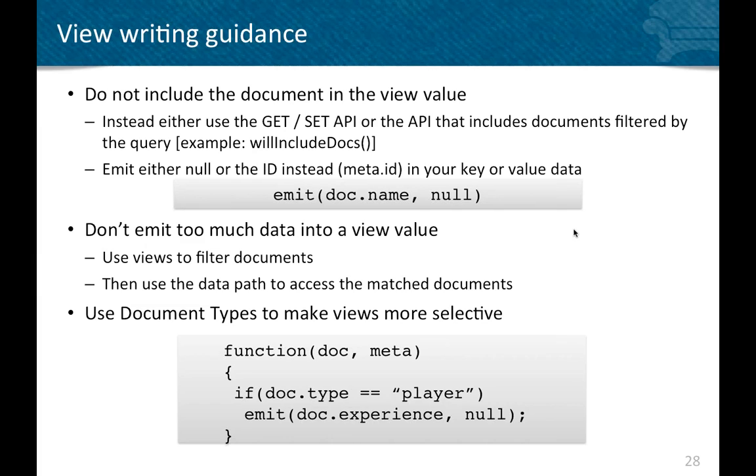And actually, most of the client library SDKs support the include docs query parameter, which, rather than loading the docs during the view query via the view API, makes a regular view query, like you'd get back for emit doc.name, null here, right?